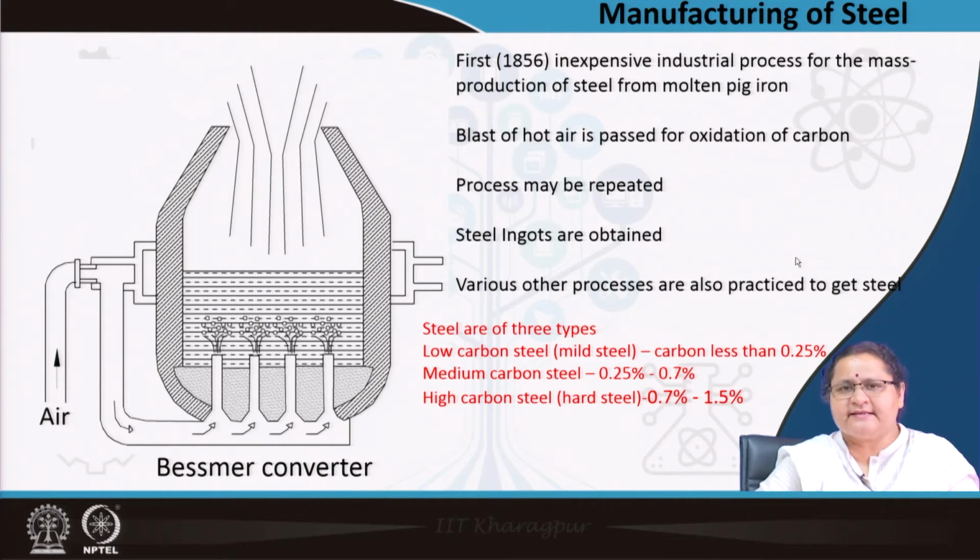So, you can understand the tensile strength of mild steel will be less than that of high carbon steel, which resembles cast iron more and will have higher tensile strength. But you see here the carbon in case of high carbon steel is restricted up to 1.5%.